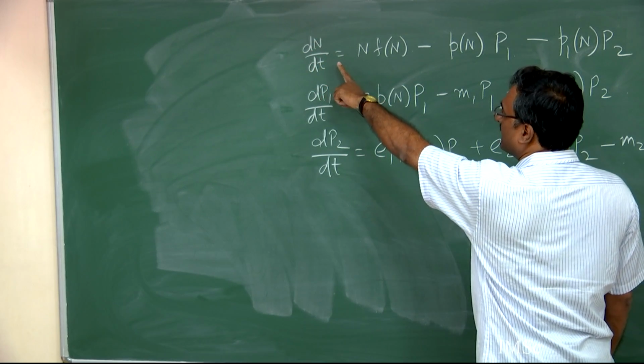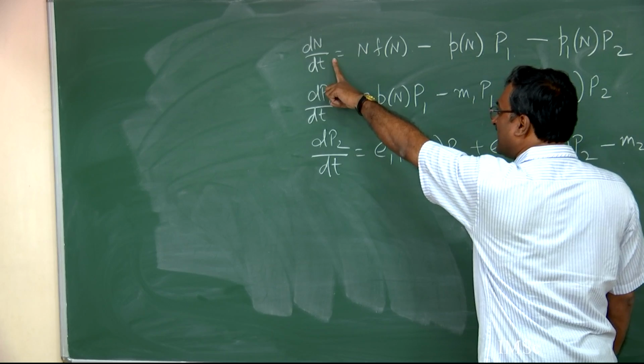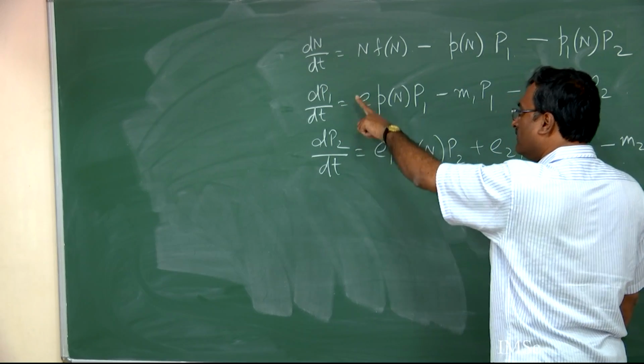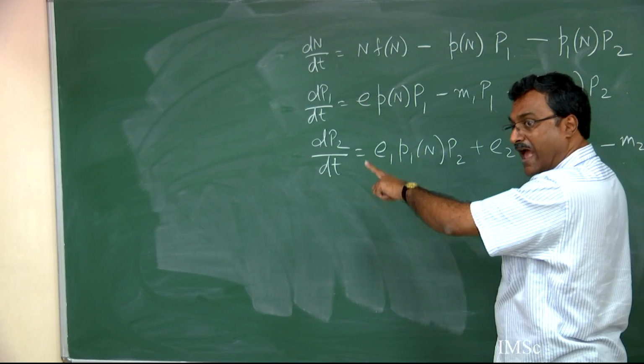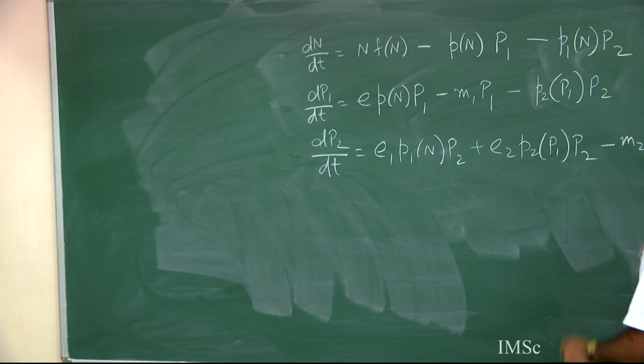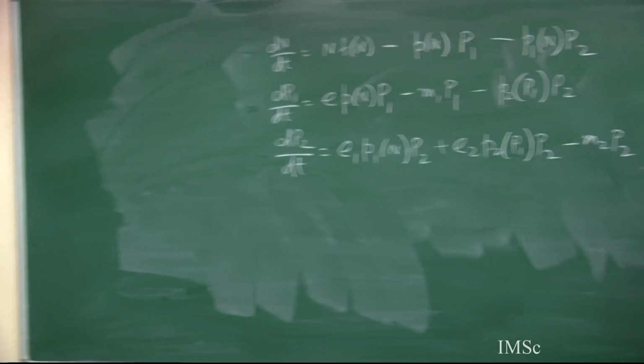Next one, only N is there and no predator, and apart from that you will have equilibria of the form, say N bar, P1 bar, comma 0, then N double bar, 0, P2 double bar.